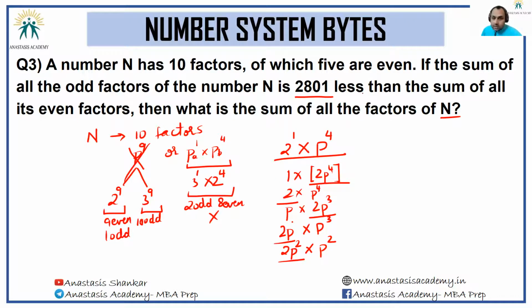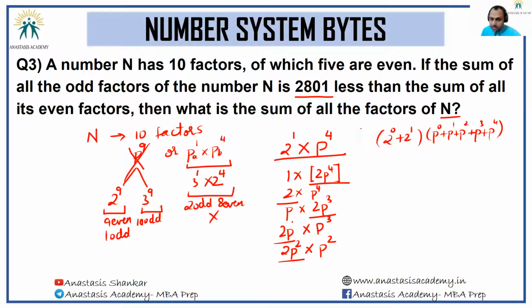Now the question goes into the sum of its even factors. The sum of all factors of this number will be given by (2 raised to the power 0 plus 2 raised to the power 1) into (p raised to the power 0 plus p raised to the power 1 plus p raised to the power 2 plus p raised to the power 3 plus p raised to the power 4). This is the sum of all factors.